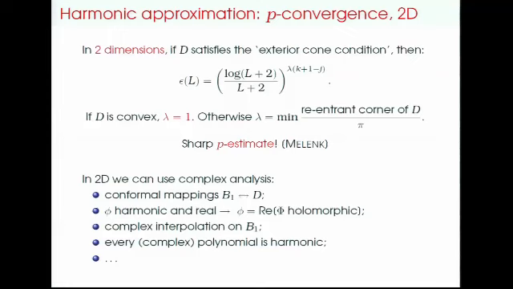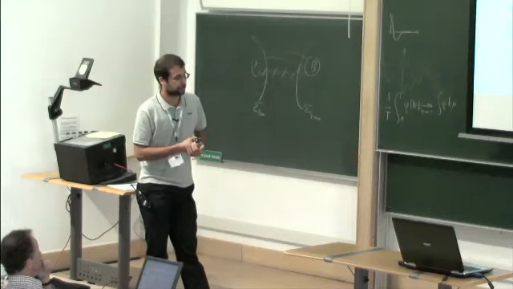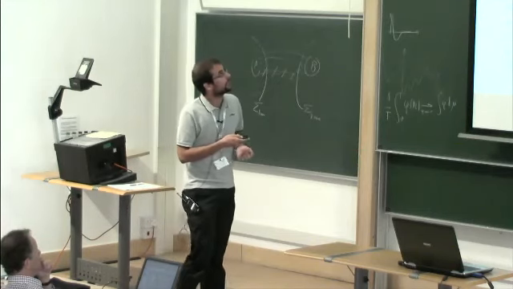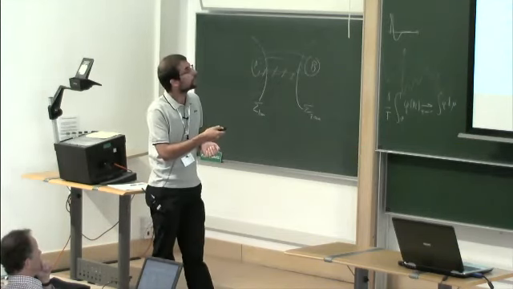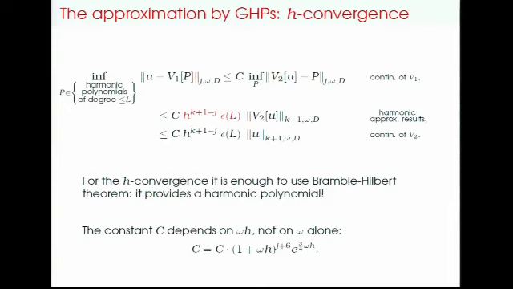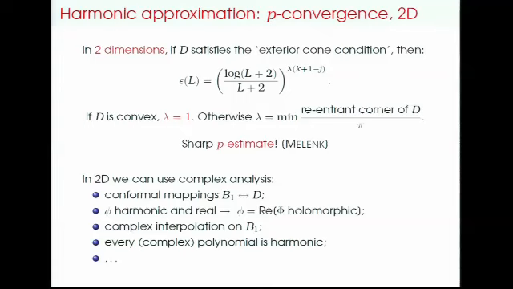The order of convergence in the degree of the harmonic polynomial is given by the difference between the indices of the Sobolev norm, k plus 1 minus j. Remember, k plus 1 and j are the indices of the Sobolev norm, multiplied by a parameter lambda that is given by the reentrant corner of the domain.